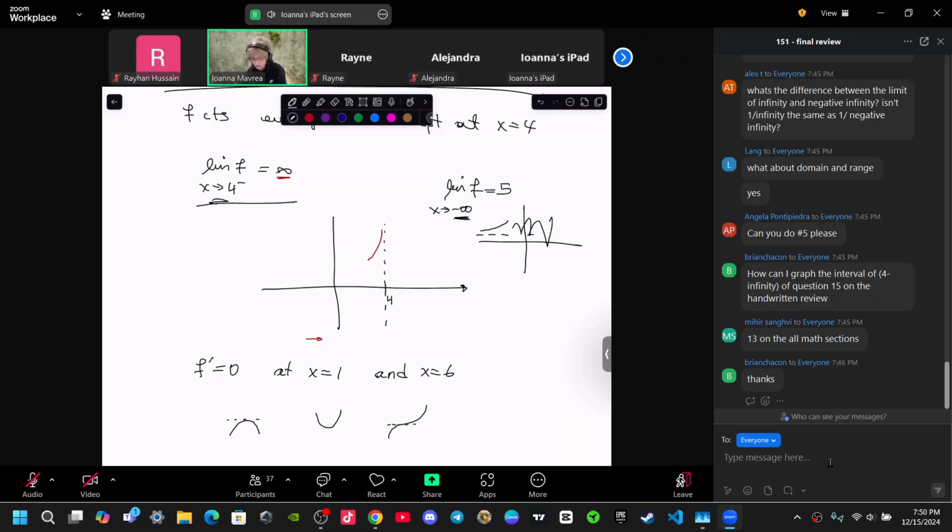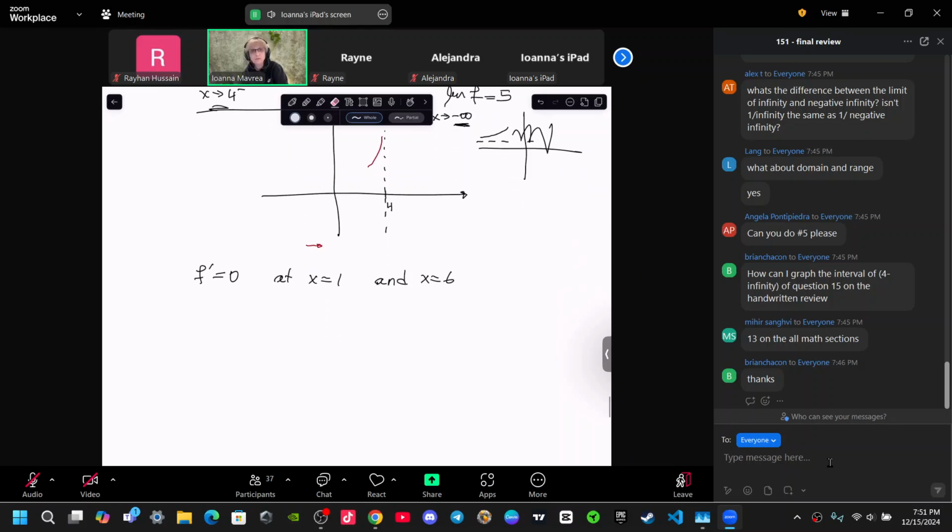The tangent line is horizontal, so the derivative is 0. So there's some flattening out happening. That's what it's telling you at x equal 1 and x equal 6. More likely there is a little bump, but you don't know. We'll see. You really have to go by what comes next, which is that table.